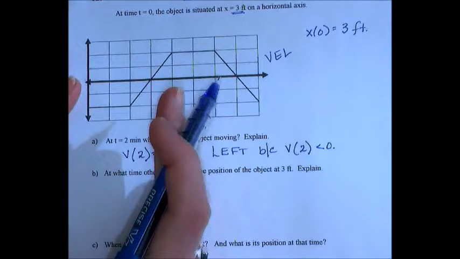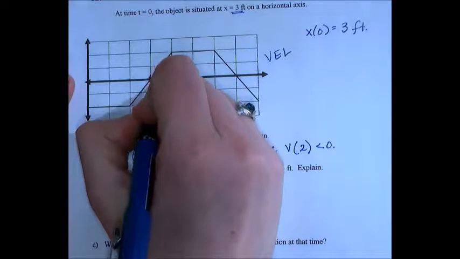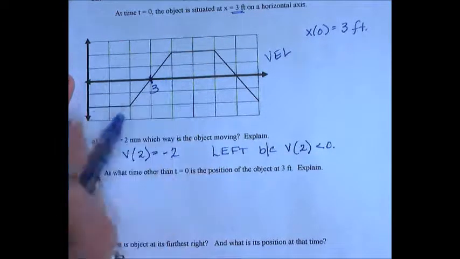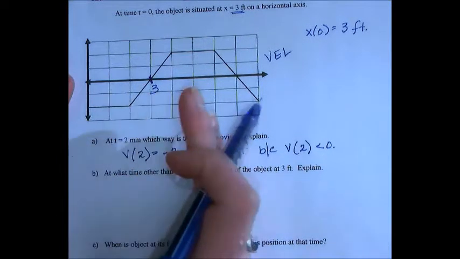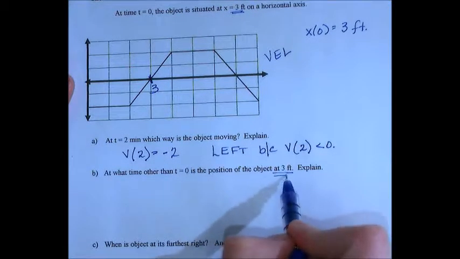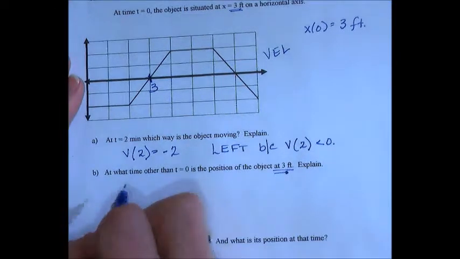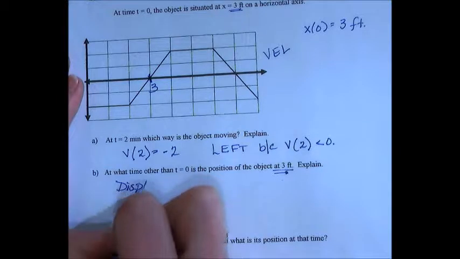So I start at 3, I move to the left, and then after 3 minutes, I stop and I start moving to the right. And I want to know, when am I back at a position of 3 feet? So what I'm actually looking for is a displacement of 0, because the displacement means where are you from start to finish. If I start at 3, I want to finish at 3, that means I want the displacement to equal 0.